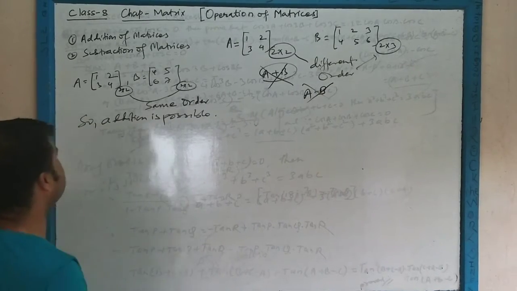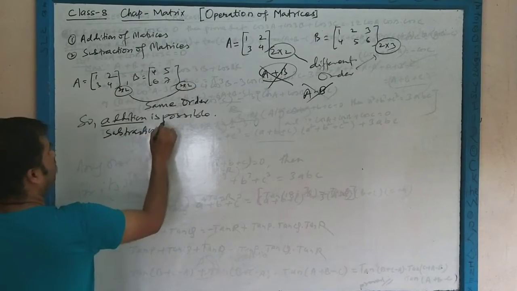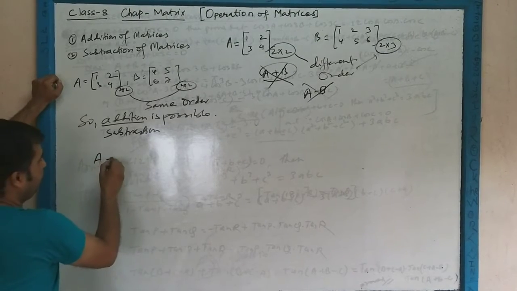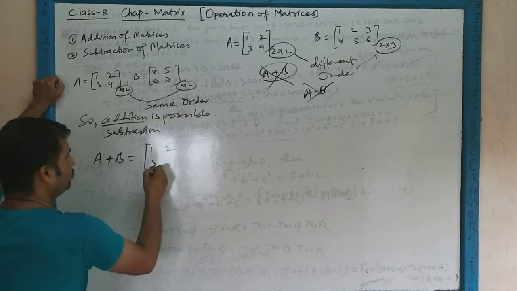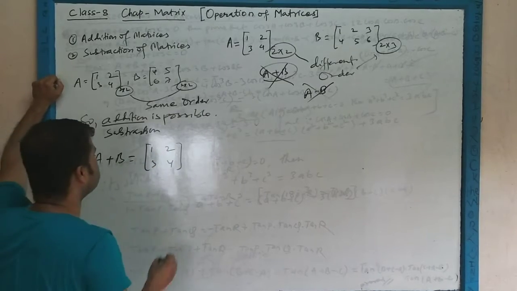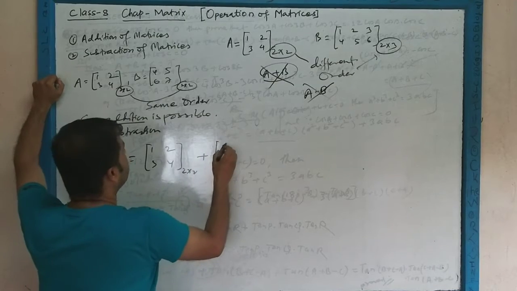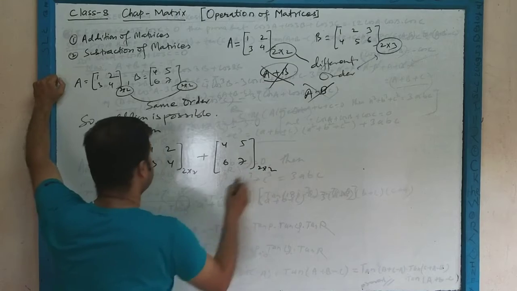Subtraction also is possible. Let's add. A plus B will be equal to how much? 1, 2, 3, 4, its order is 2 by 2, plus 4, 5, 6, 7, its order also 2 by 2.